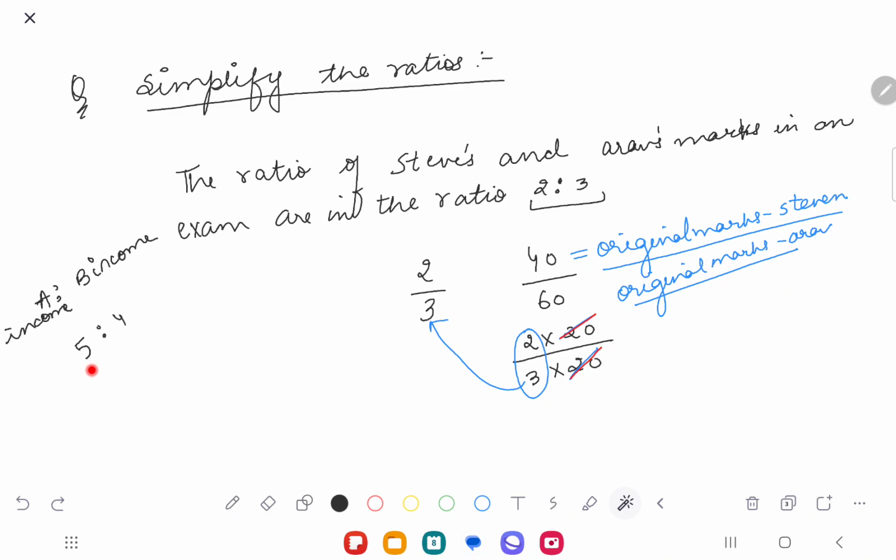No. But this is the ratio. That means 5 over 4, if I'm writing, I must have cancelled some common number with them, isn't it? Are you understanding, Adam? And if I do not know the number, let the number be x. Are you understanding fully?